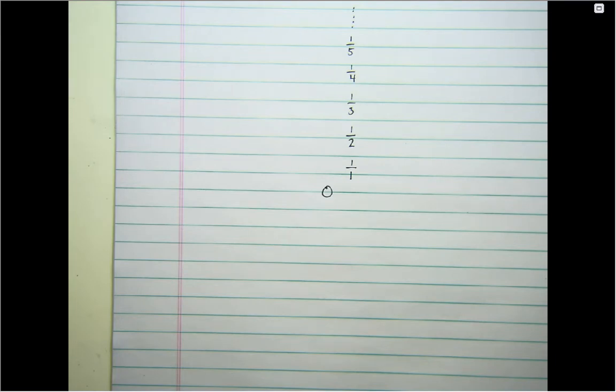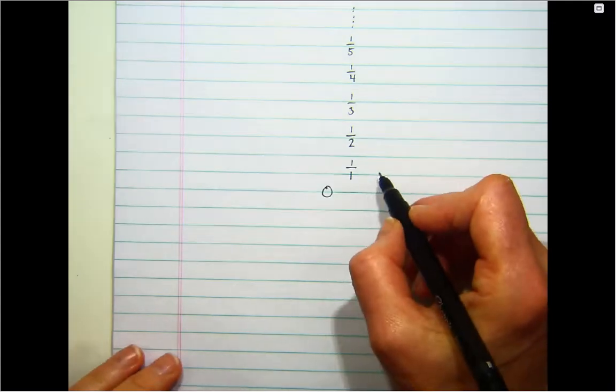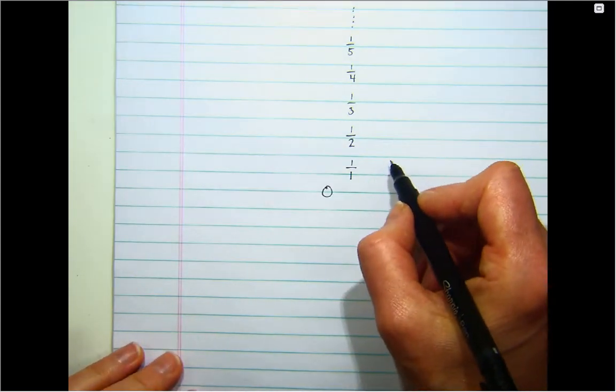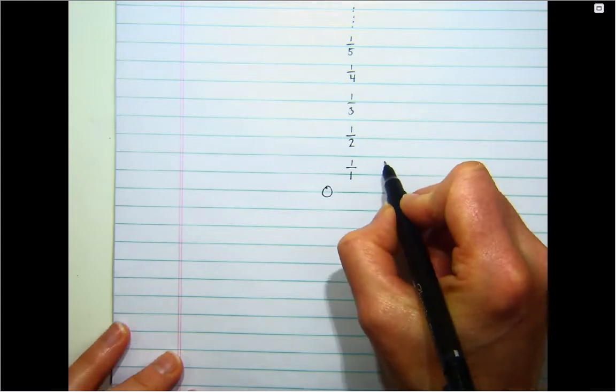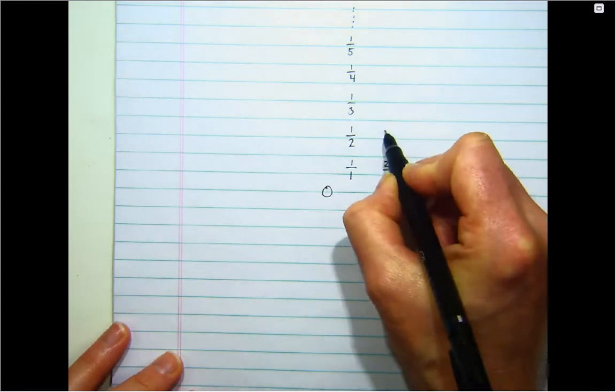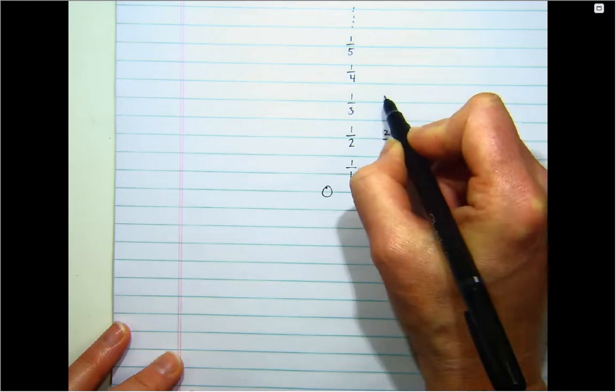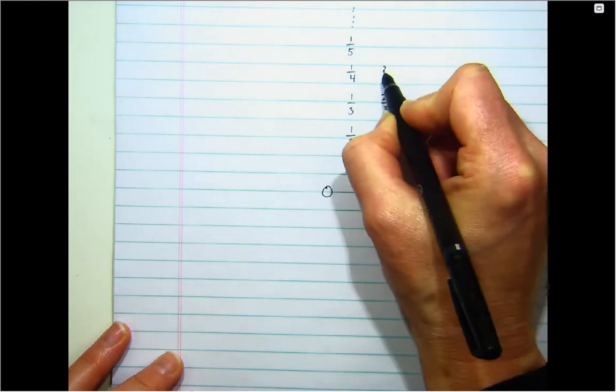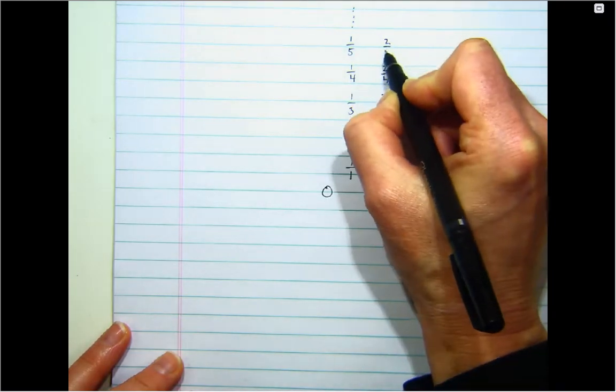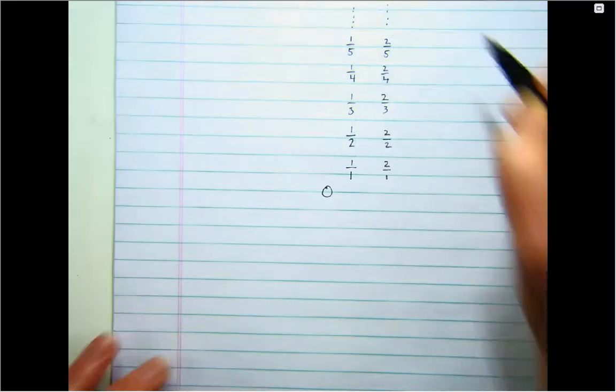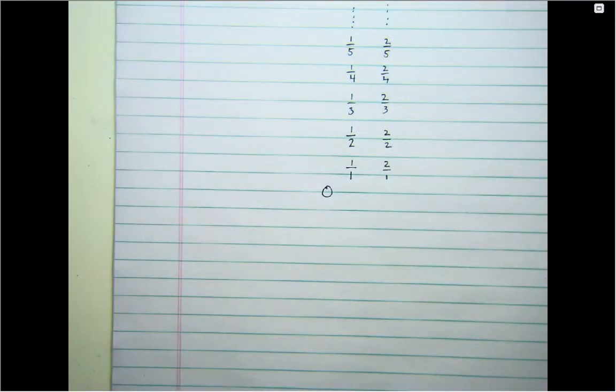So 1/100th is way up there, 1/1000th, way, way up there. Now I'm going to write a column with all the fractions whose numerator is 2. So I have 2 over 1, 2 over 2, 2 over 3, 2 over 4, 2 over 5, dot, dot, dot. There's no fraction whose numerator is 2 that's not on that list.